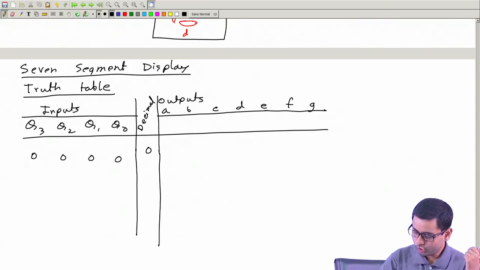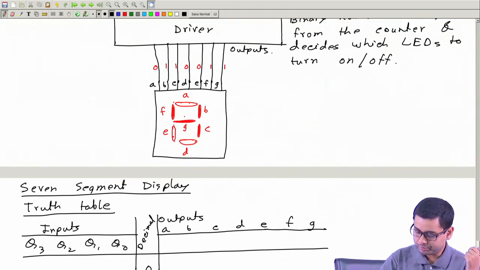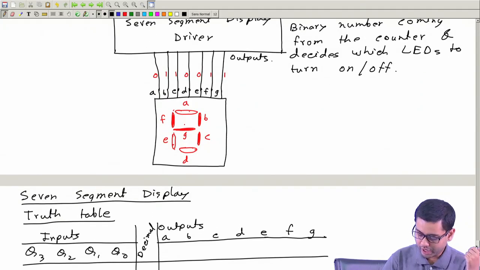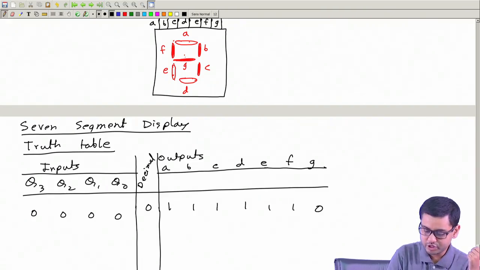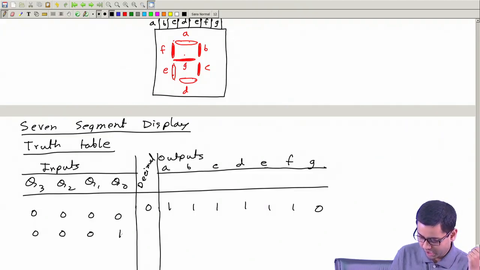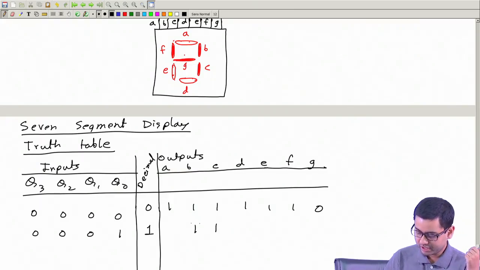To show 0, we have to make A, B, C, D, E and F on, G off. So 1 1 1 1 1 1 0. G will be off, everything else on. Now if this is 0 0 0 1, binary for decimal 1, then we should make B and C 1, everything else 0.